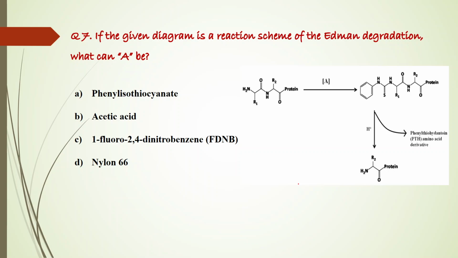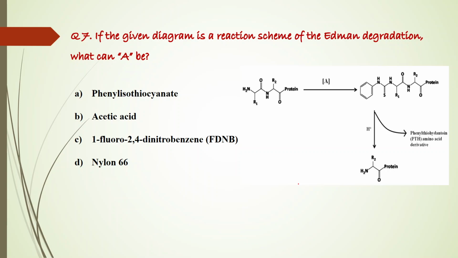Okay, fine. Still I did not get any answer. So what do we do in case of Edman degradation? Through Edman degradation we are basically able to understand what is the end group, the end terminal group of a peptide chain.